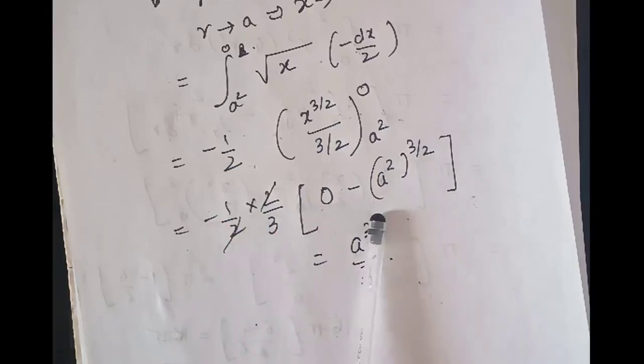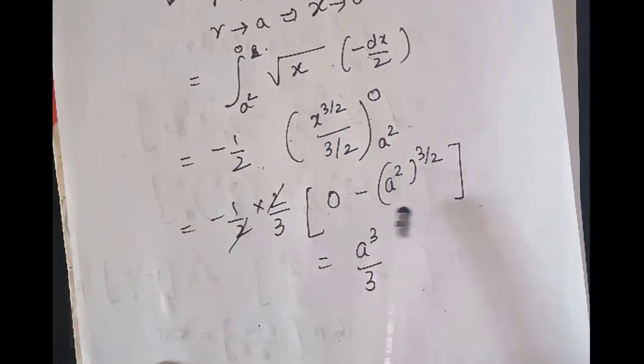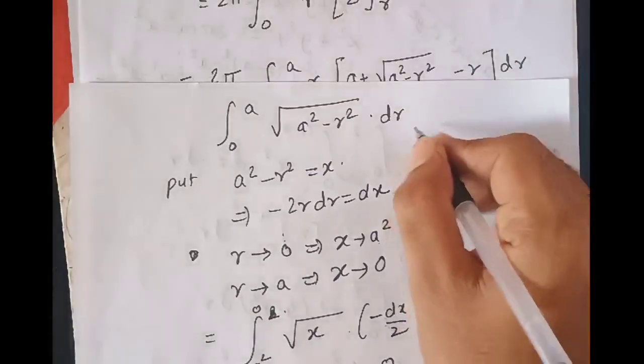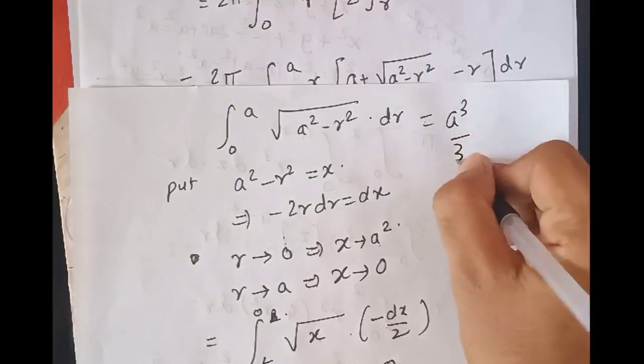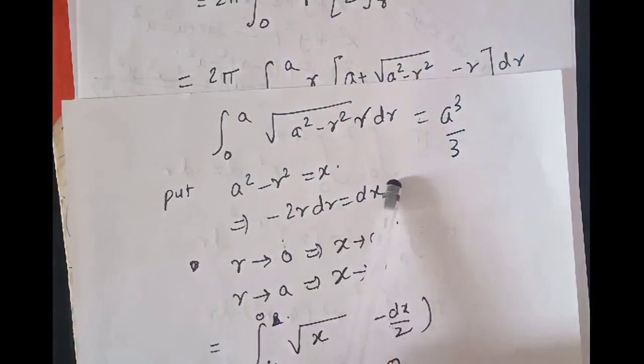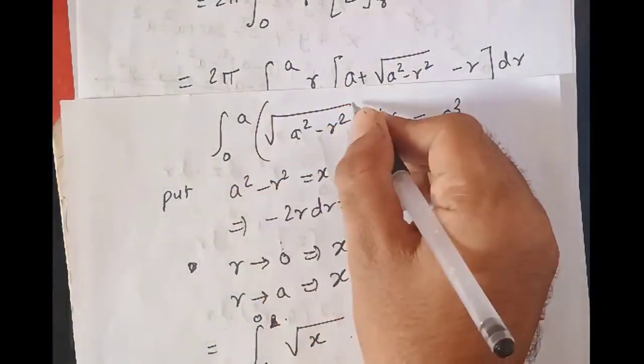So this minus gets cancelled, 1/3 is present, and this is a³. Therefore this integral is equal to a³/3. Here obviously r is there, so the outside is the Jacobian.